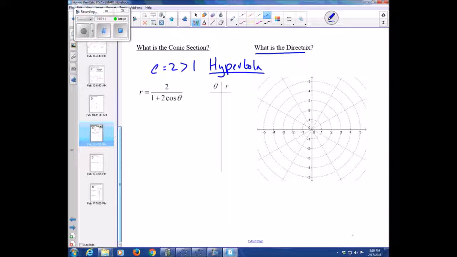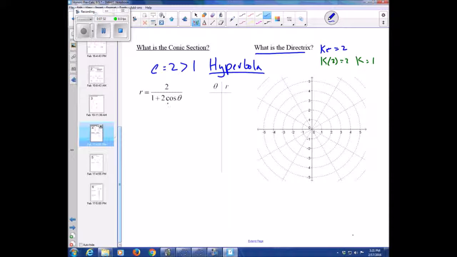Right here we can say that we know the numerator is KE, so we've got KE equals 2. And with an E value of 2, we can say that K times 2 equals 2, which gives us K equals 1. Now, by looking at our denominator, we've got 1 plus 2 cosine theta.